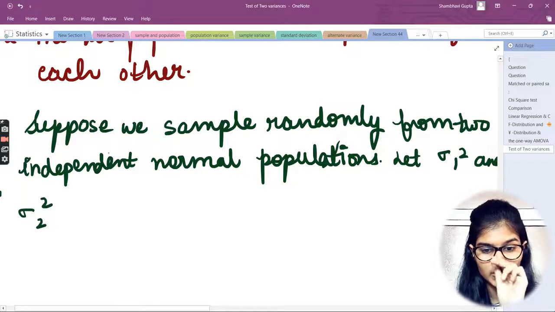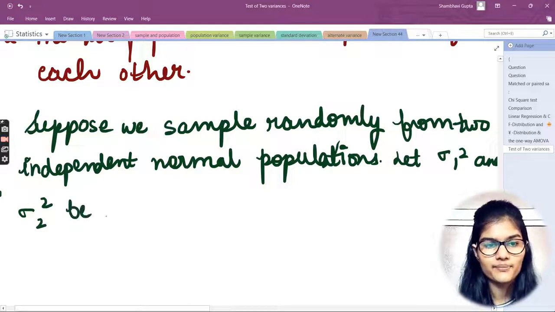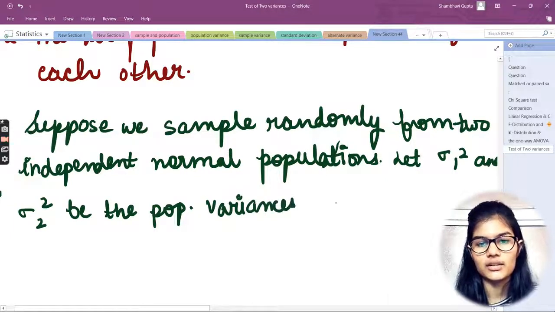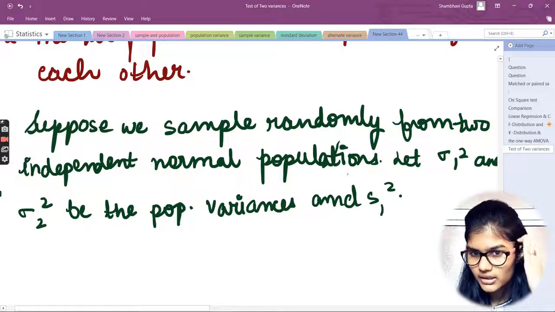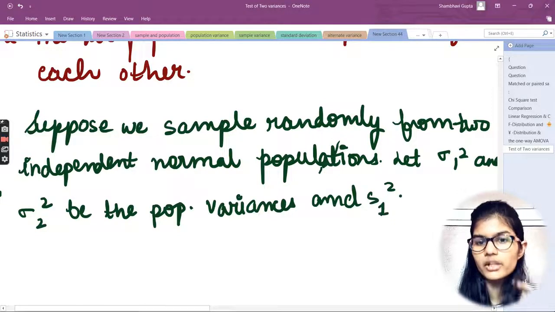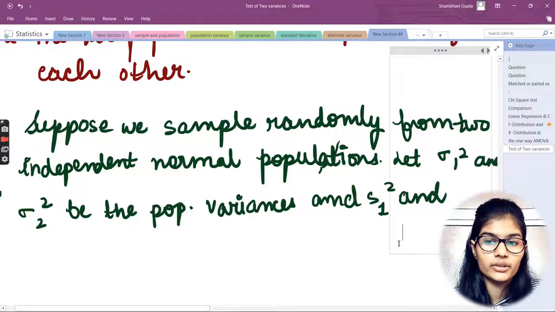So sigma 1 square and sigma 2 square, let these be the population variances, and s1 square and s2 square be the sample variances.